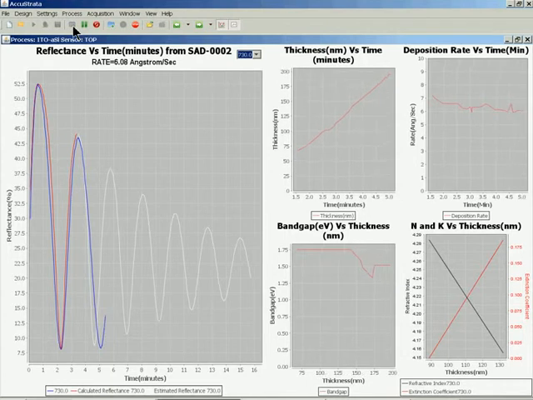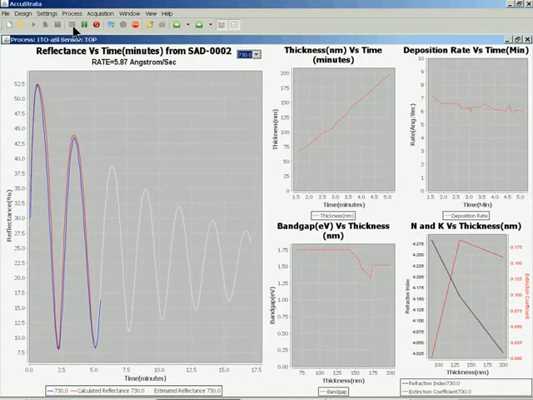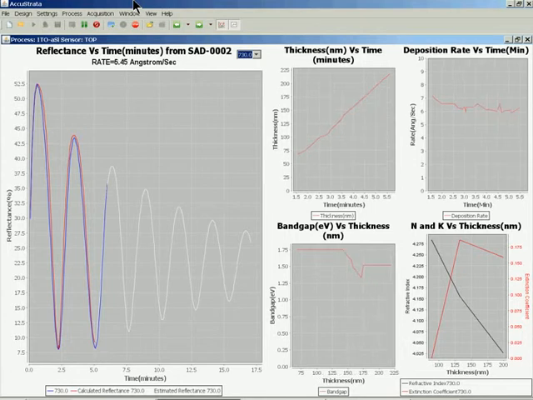As the deposition takes place, we are acquiring real-time data for the specular and diffuse reflectance of the panel at different wavelengths. Here we are displaying the signal at one specific wavelength for one of the optical sensors in the I chamber. The blue one is the acquired signal from the sensor, and the red curve is our theoretical fitting to this monitored curve.